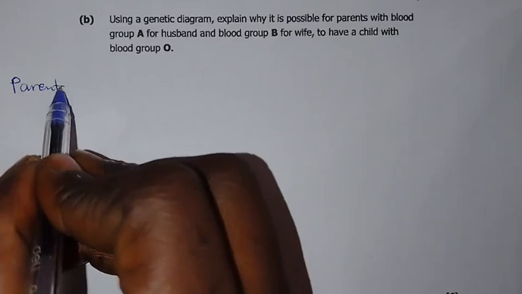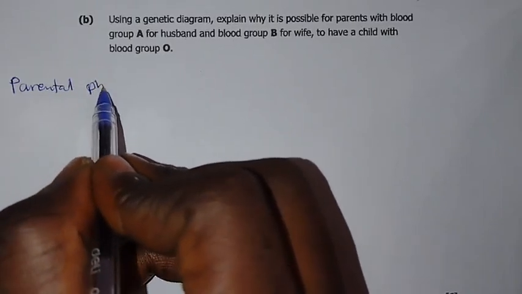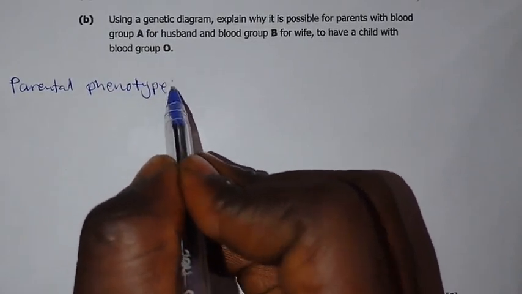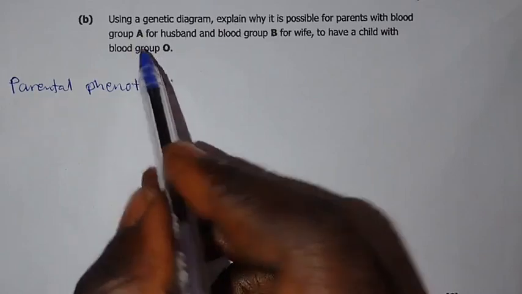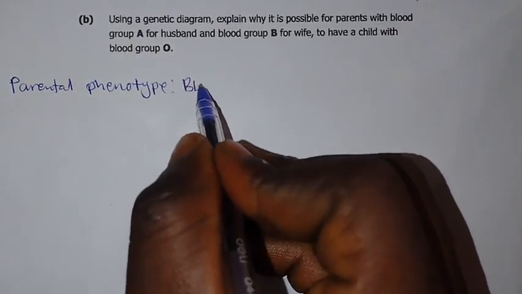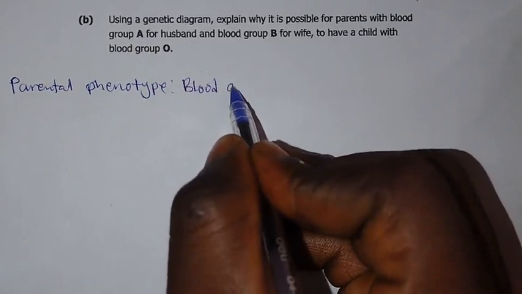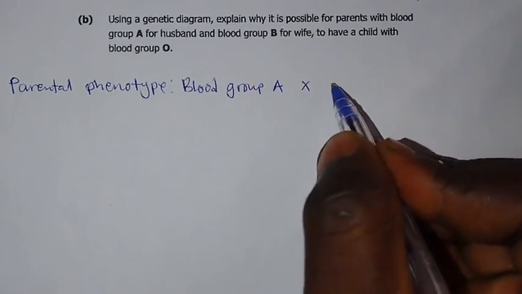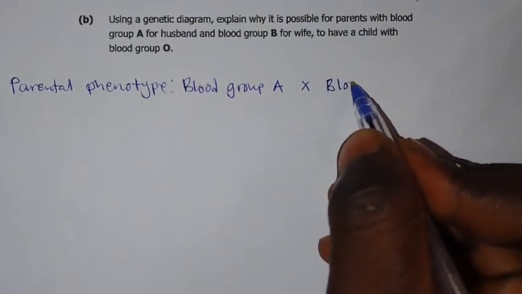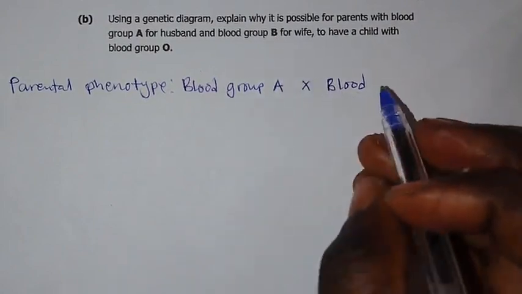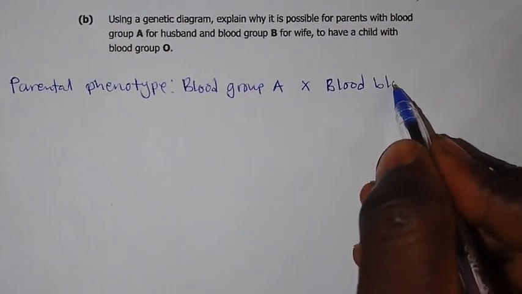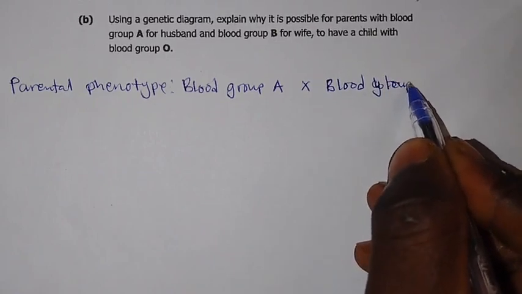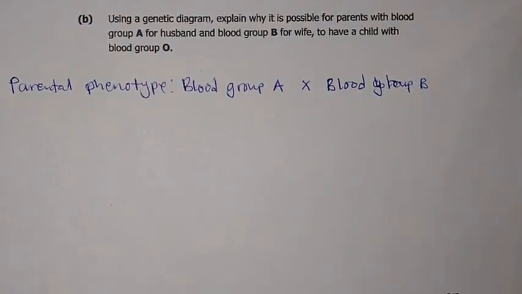So the parental phenotype here, we have blood group A crossed with blood group B.